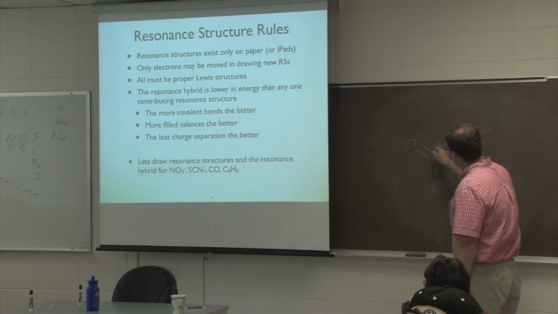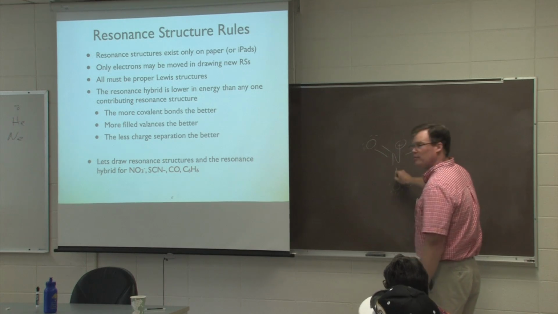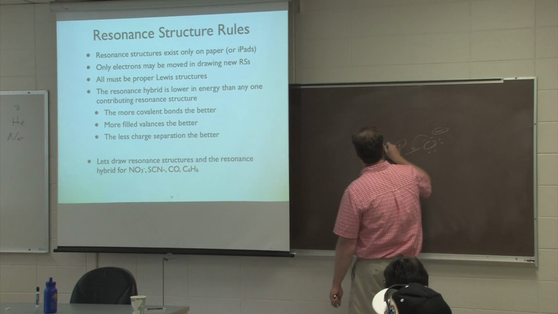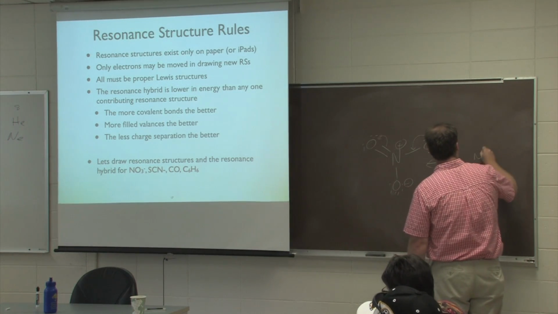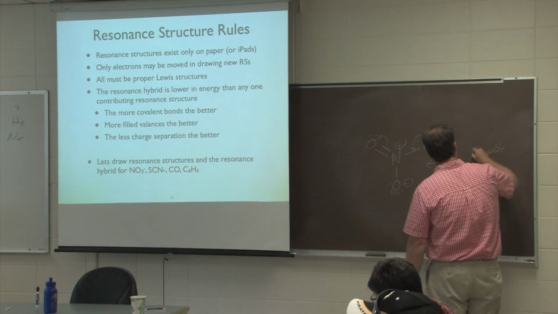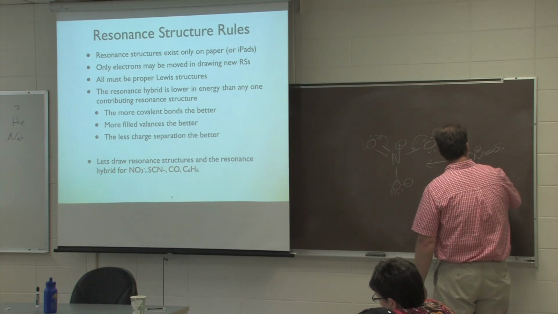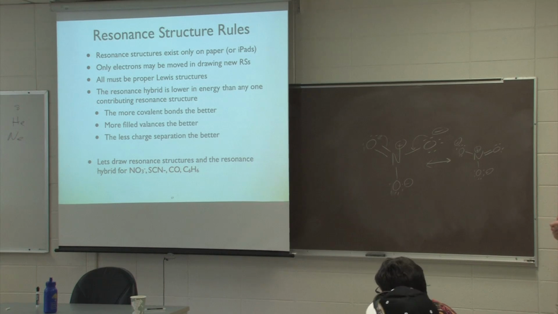Instead of having the double bond right here, we can have the double bond occur between this nitrogen and either of the other 2 oxygens. All right, am I done? Can I draw another resonance structure for this? Yeah, good.